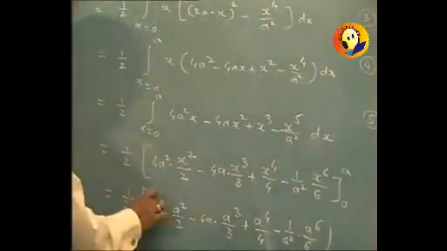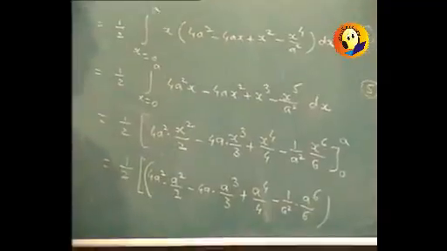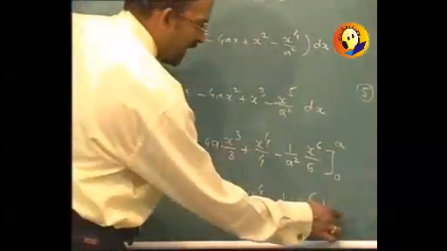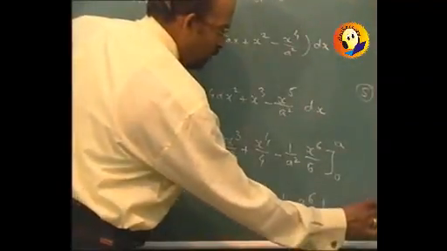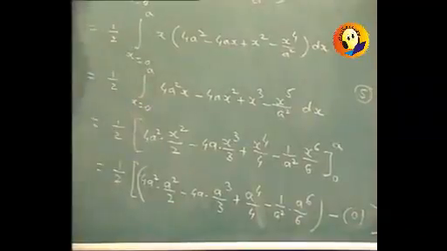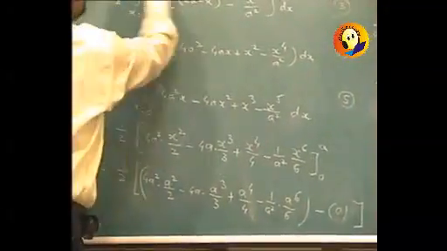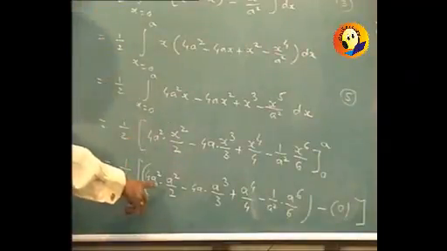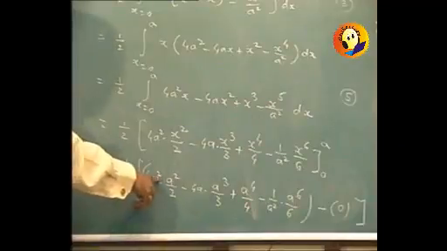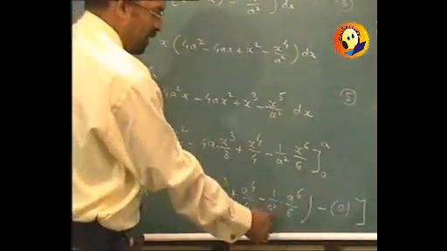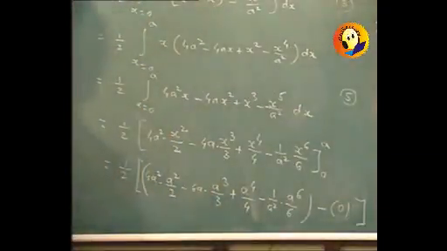These are the values at upper limit, and at lower limit you are going to substitute x equal to 0 and all the terms contain x directly, so all the terms will have value 0. So lower limit value for this particular integral is straight away 0. At upper limit you will find that every term over here contains a raised to 4, a raised to 4, a raised to 4, and this is a raised to 6 upon a square, that is again a raised to 4.